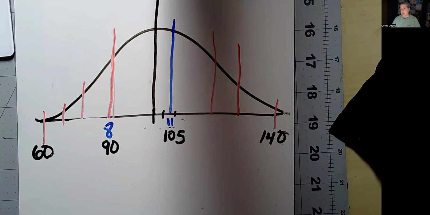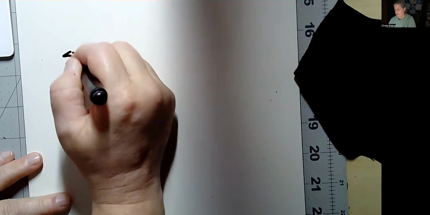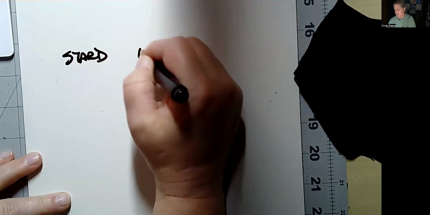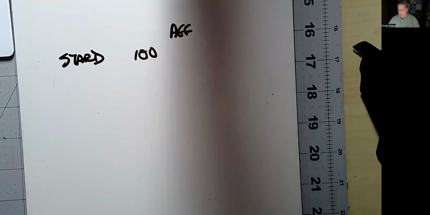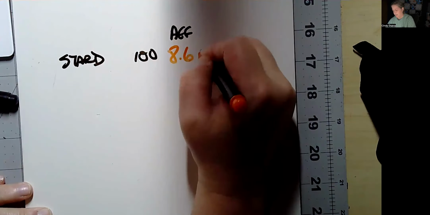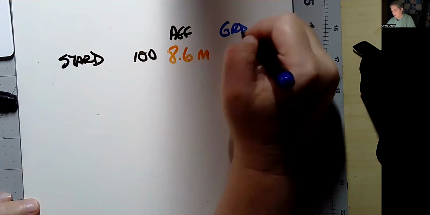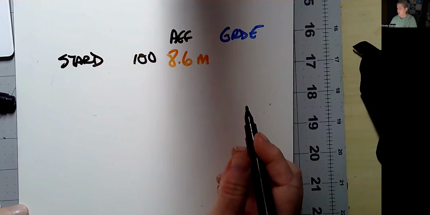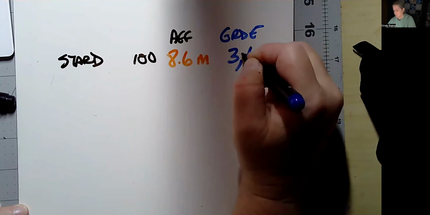Occasionally parents will get back a test score, and the score will look something like: your student scored a standard score of 100, which gives you an age equivalent of, let's call it, 8 years, 6 months, and then it gives you a grade equivalent of 3rd grade, 6 months.